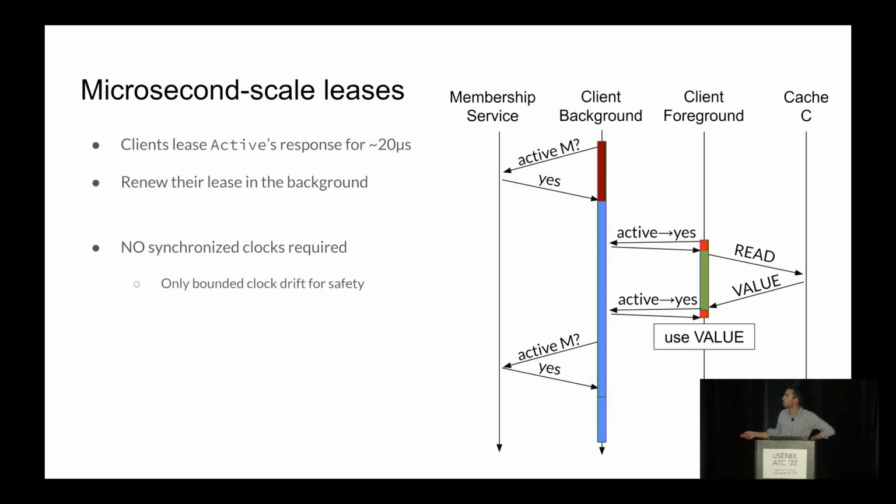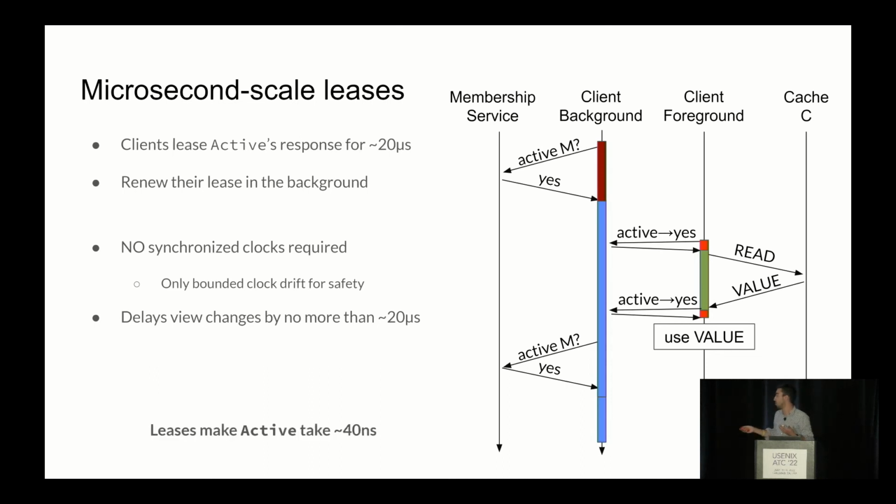The only thing that we require is that the clock drift is bounded, so that the time when measured at the client is approximately the same as the time when measured at another client. And this allows you to have leases that last approximately 20 micros without synchronized clocks. And because you are leasing, your overhead is no more than 40 nanos at the end of the day.